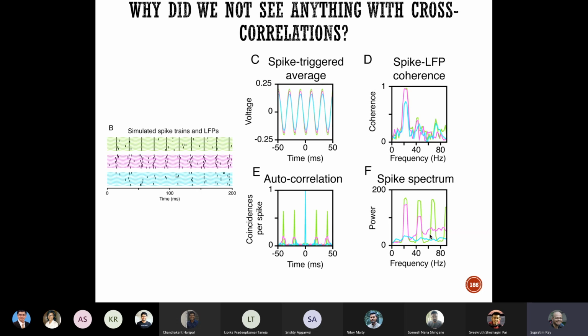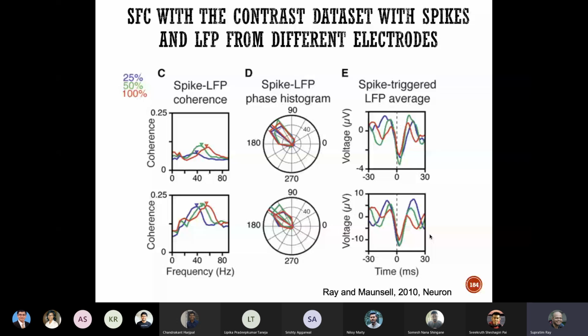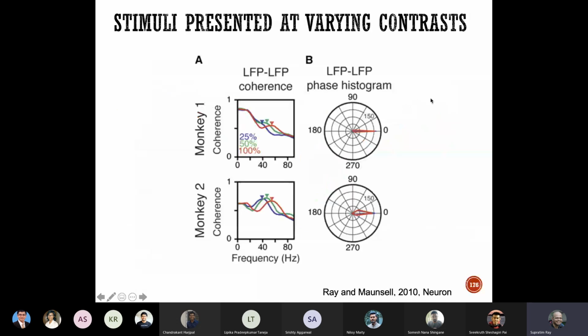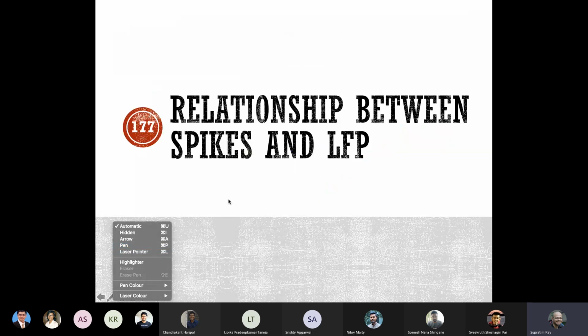So notice here that spikes are occurring at a particular phase of the LFP near the trough, and the LFPs are all aligned to each other with zero phase lag, which means that gamma for one electrode and gamma for the other electrode are synchronous. So this logic suggests that the spikes are also synchronous to each other.